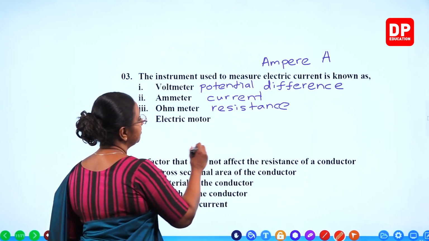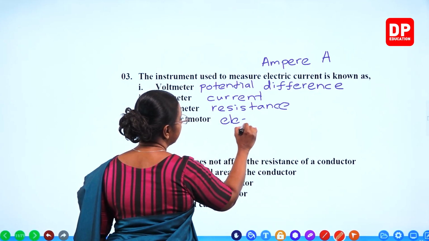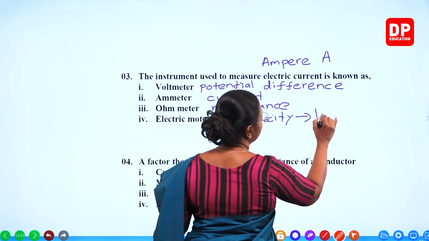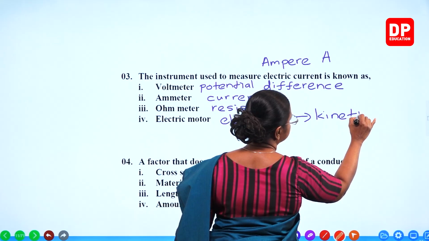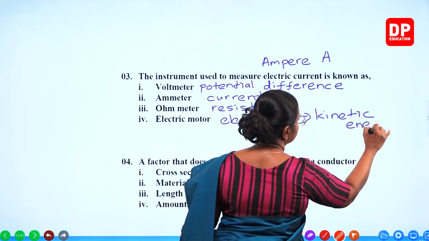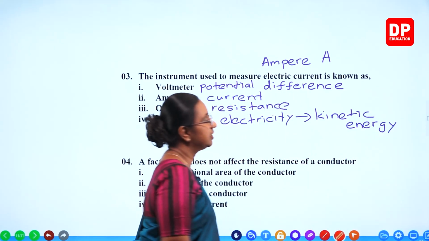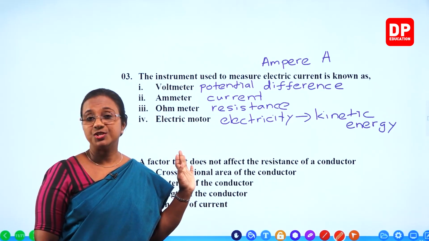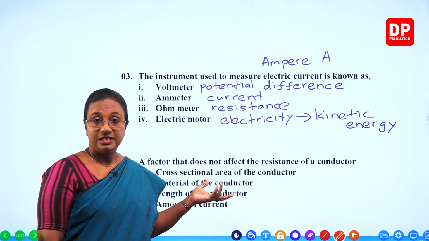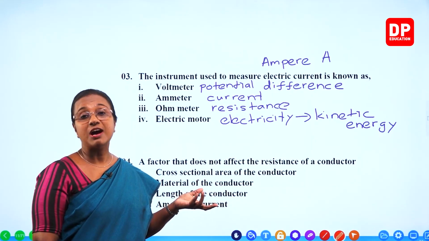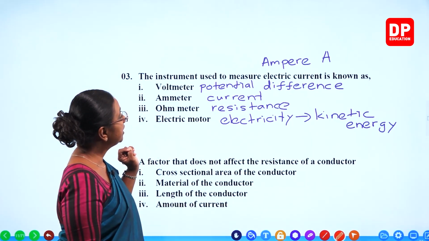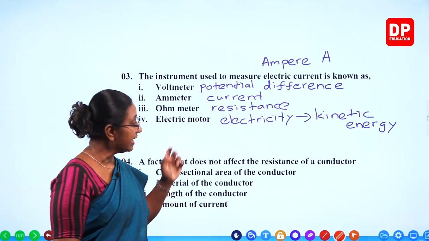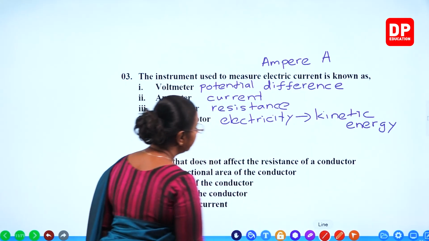So in an electric motor, electric energy is converted to kinetic energy. That is not an instrument used to measure a quantity. It is an electrical device. So voltmeter, potential difference, ammeter, current, ohm meter, resistance, and then we have the electric motor.